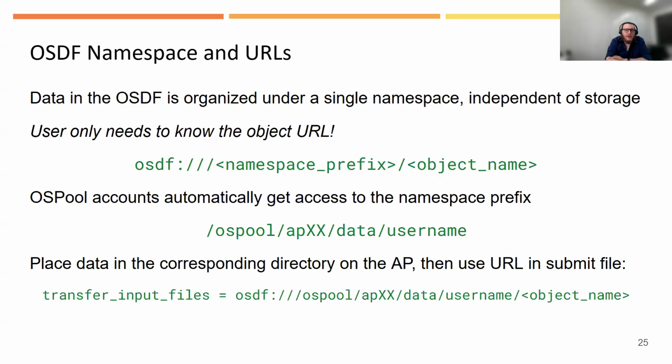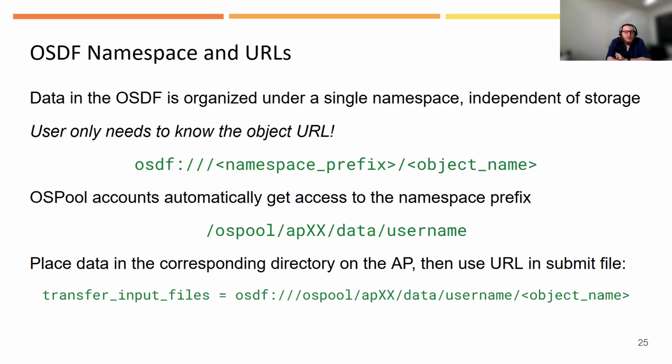And then in their submit file, they use this OSDF URL to transfer data as part of an HTCondor job. And HTCondor handles talking with the OSDF automatically. And one of the nice things about this is if there's an issue with transferring that object, that will reflect back as a hold message, or HTCondor will automatically try it again somewhere else.